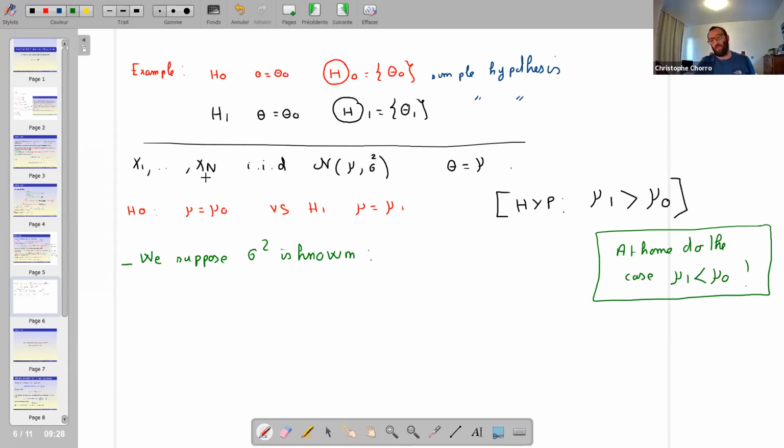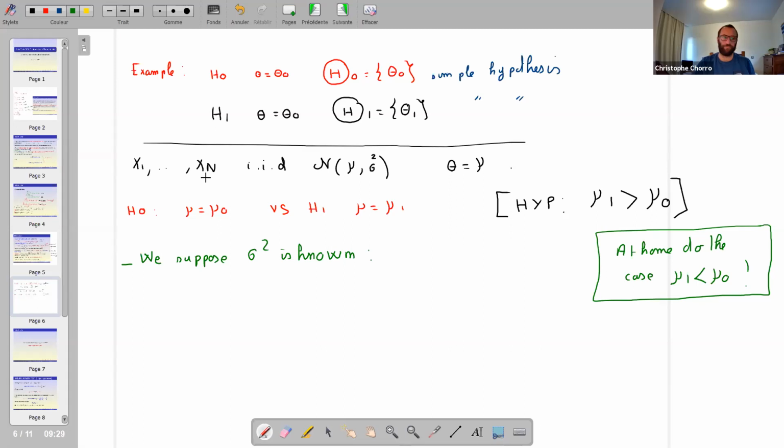In the course concerning sampling, and also in the course concerning estimation, we have seen that if I want to approximate mu, the best thing I can do when sigma square is known is to consider the sample mean. The sample mean is a good estimator of mu when sigma square is known, in the sense that it is the best unbiased one.